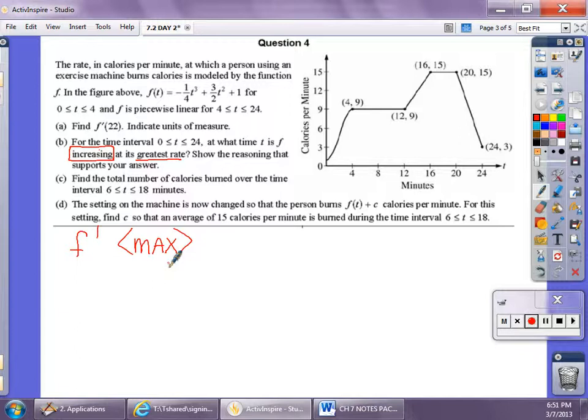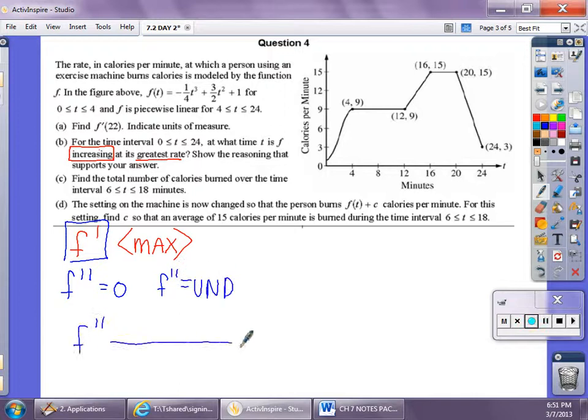If you're trying to maximize a function, remember, to maximize a function, you take whatever function you're trying to maximize, take its derivative, set it equal to 0, set it equal to undefined, and you'll end up doing a sign chart for it. And in this case, we're going from 0 to 24.